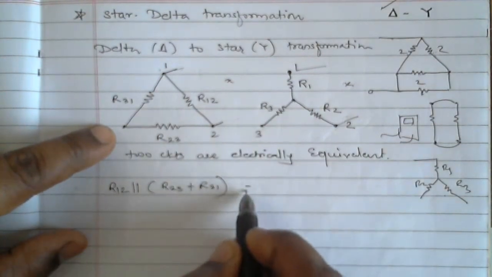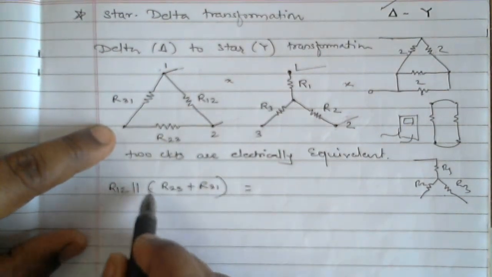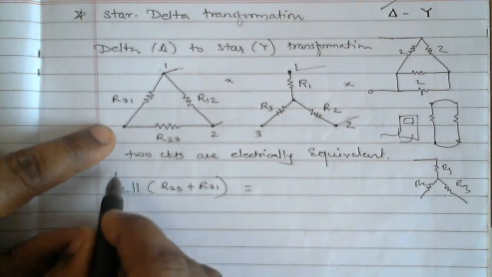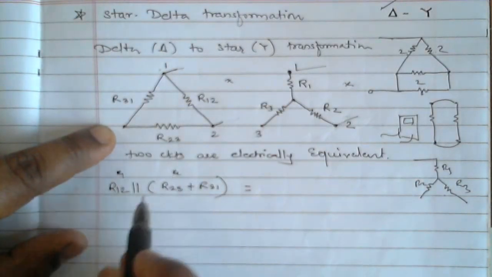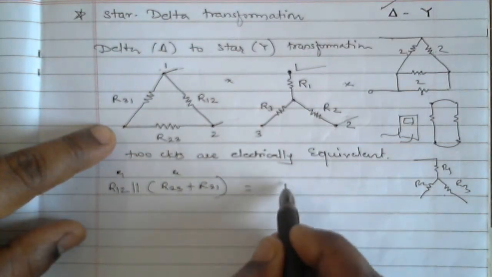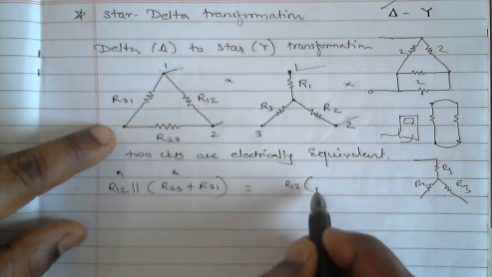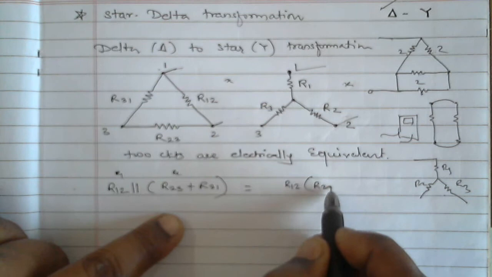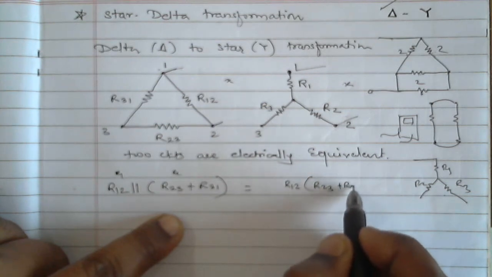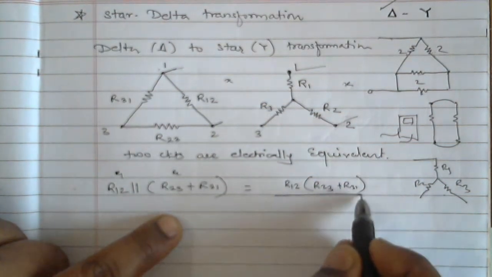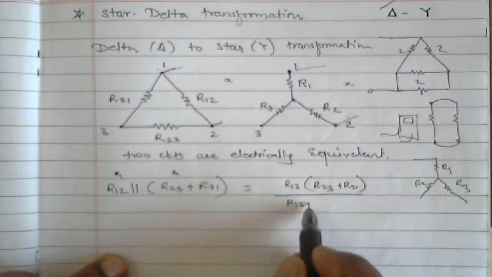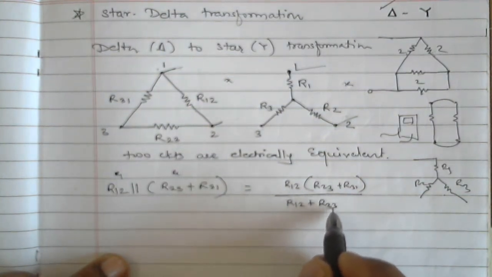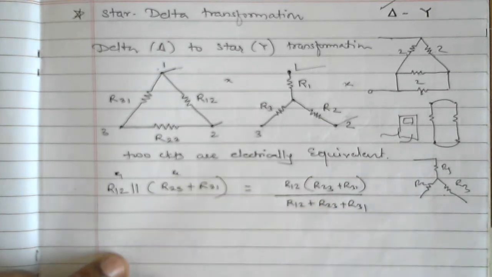When two resistors are in parallel, it is solved as R1 into R2 divided by R1 plus R2. So in our case, R12 into R23 plus R31 divided by R12 plus R23 plus R31.